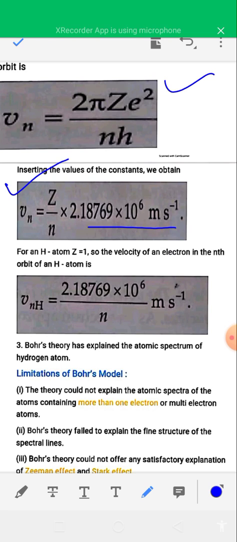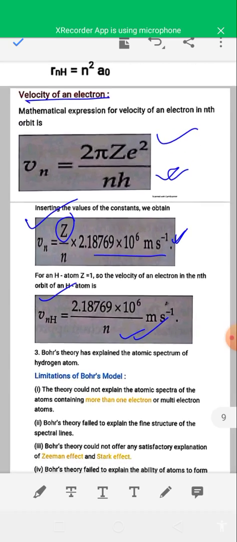For hydrogen atom you have to put the value of Z as 1. So we get Vn, the velocity of an electron in the nth orbit of hydrogen, is equal to 2.18769 into 10 to the 6 meter per second divided by n. You have to remember these formulas. Some small numerical problems you have to solve based on this equation.